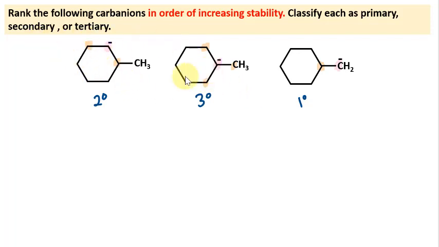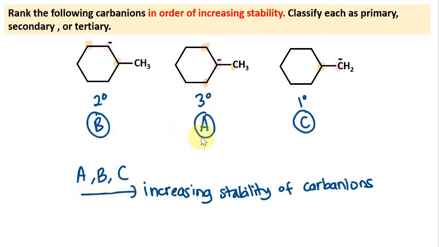To rank the carbanions in order of increasing stability, the one with the most alkyl groups attached to it is the least stable carbanion. So the tertiary is the least stable carbanion, followed by secondary, and then the primary carbanion is the most stable carbanion. So we arrange our compounds in the order A, B, C of increasing stability of carbanions.